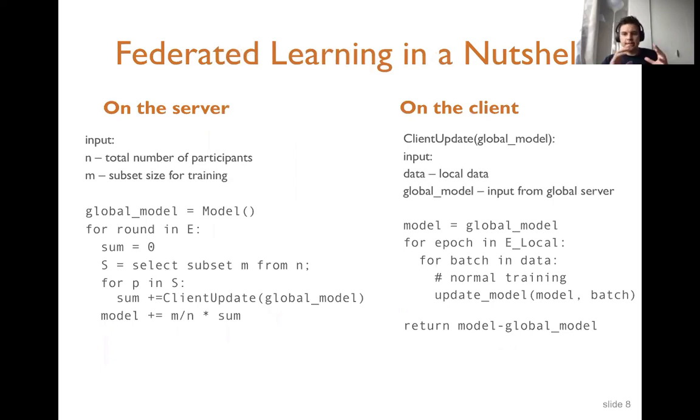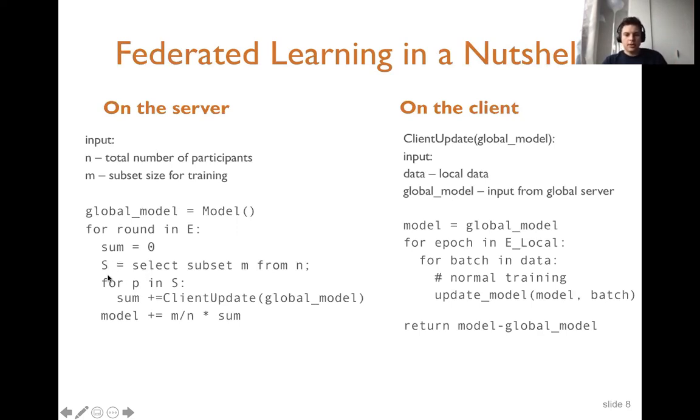Here is a very simple example of how federated learning works. There are two parts of federated learning, server side and client side, or device side. On the server side, as I said, you create a global model, and then you run multiple rounds where you select a subset M from all the users.